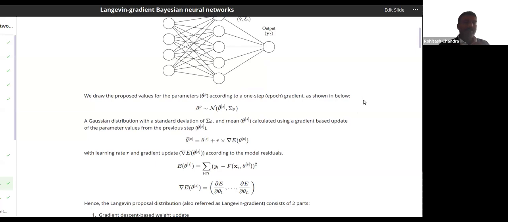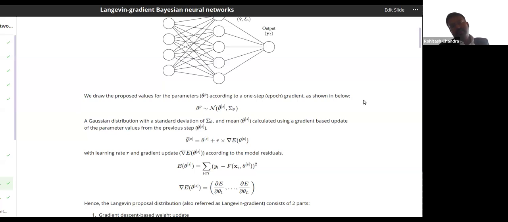Then you pass that set of weights and biases to the neural network, and it gets the gradient, but only for one step, one epoch. It does not do it for 10 epochs or 100 epochs. It just does one step, returns that, and then it's used. Then you either accept or reject the proposal, and then you carry on.